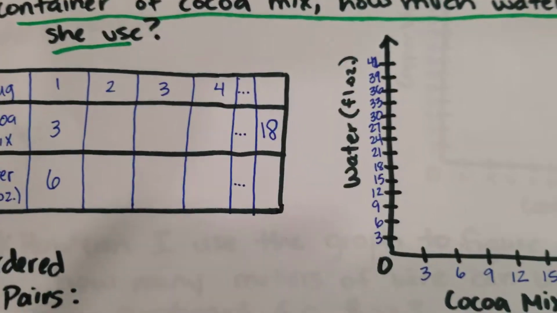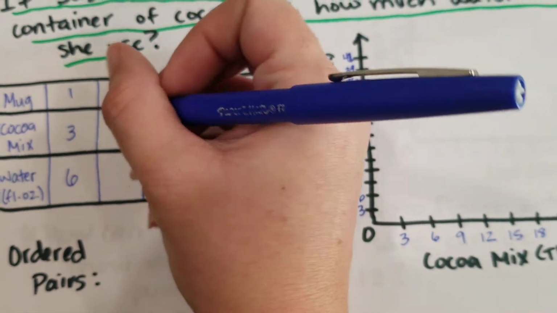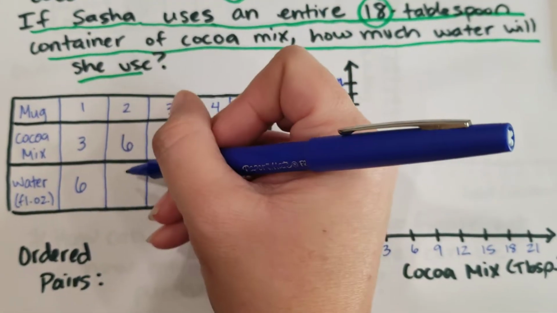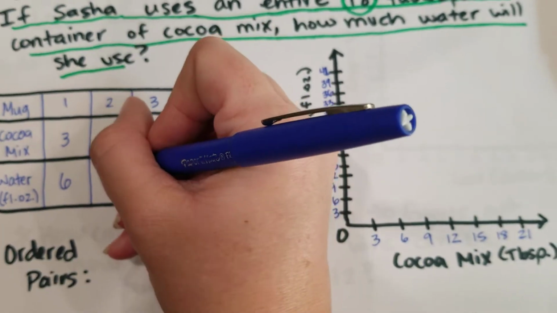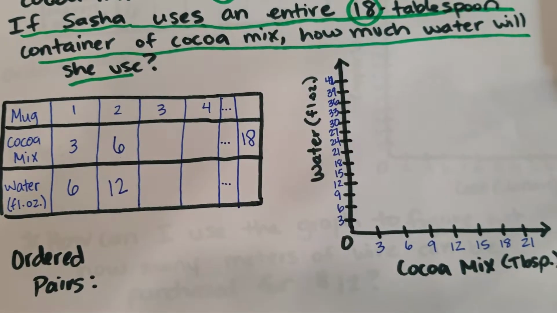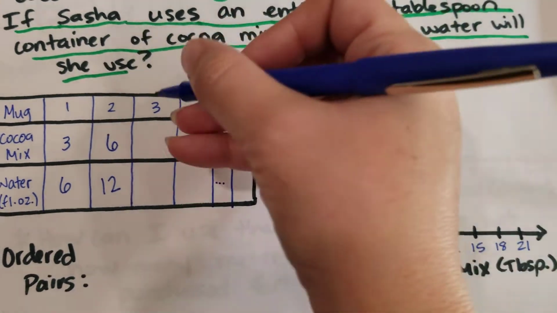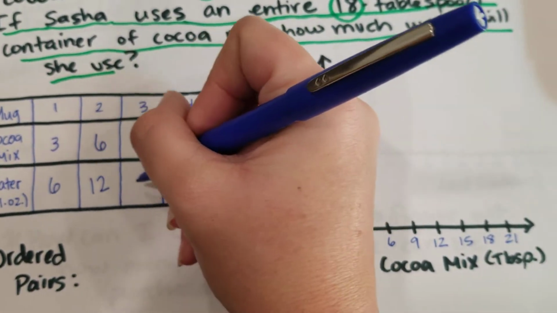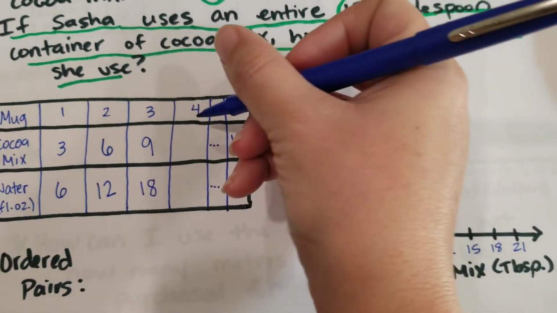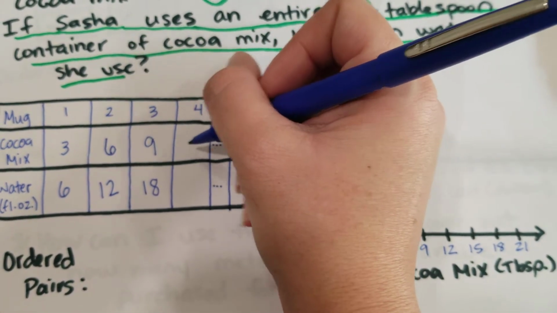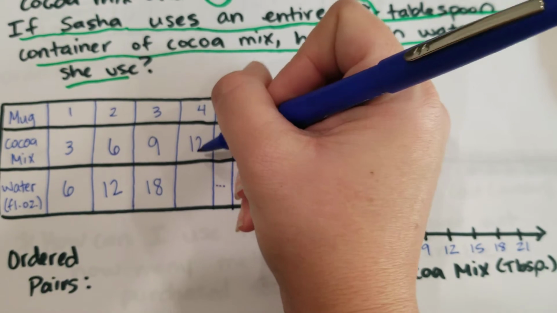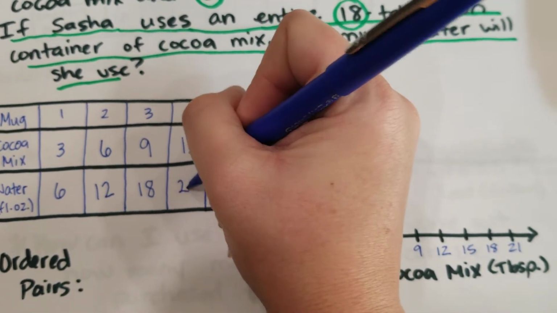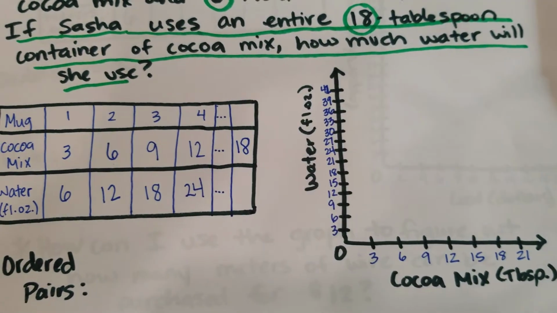So 2 mugs means 3 more, which is 6, and 6 more fluid ounces, which would be 12. What if she was making 3 mugs? We add 3 more, that would be 9, and we add 6 more, that would be 18. For 4 mugs, we would need 3 more for 12, and remember, this is going up by 6. 6 more for 24. All right?